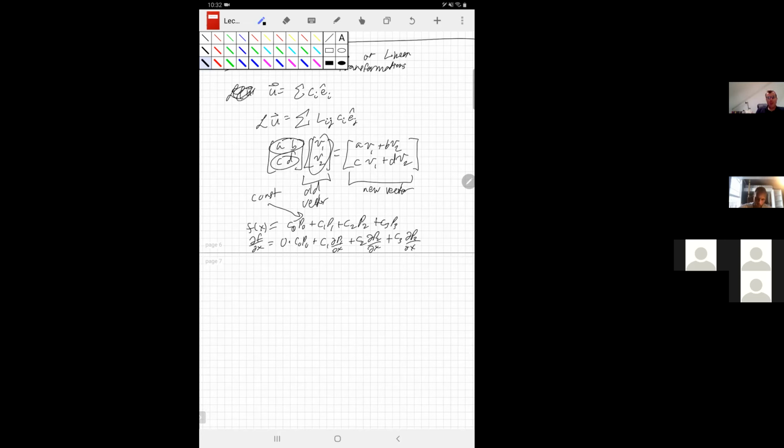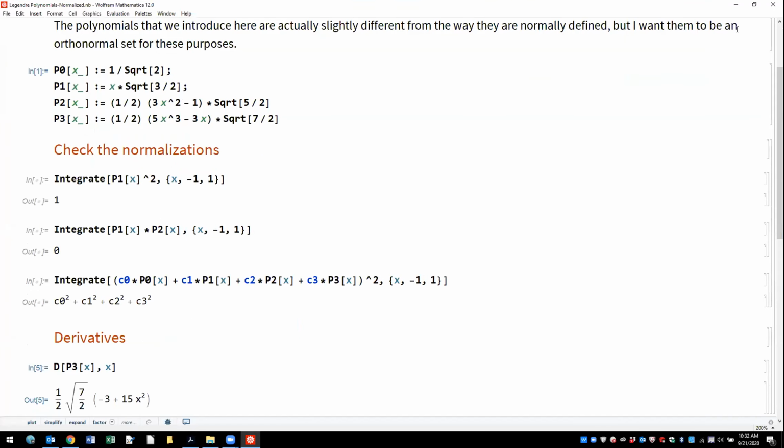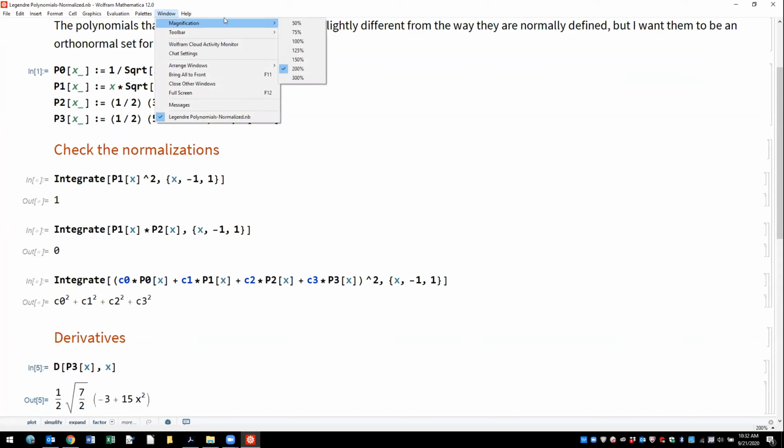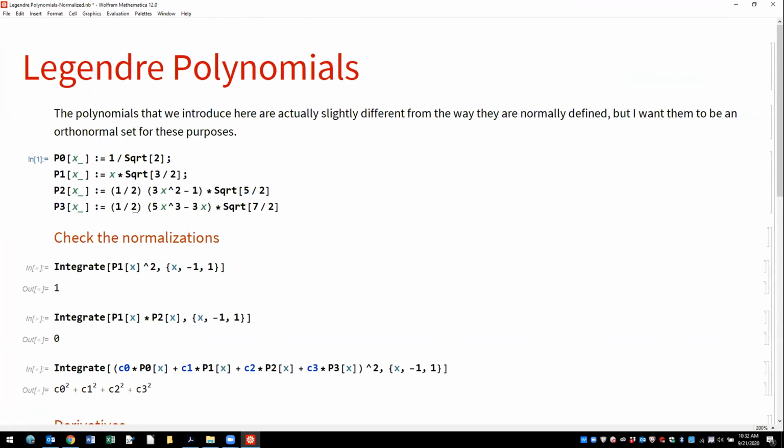And I'm going to share my other screen right now. In the Mathematica file that I posted last week, we defined these functions.